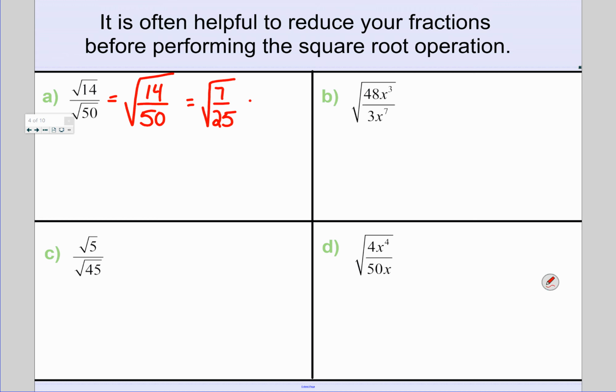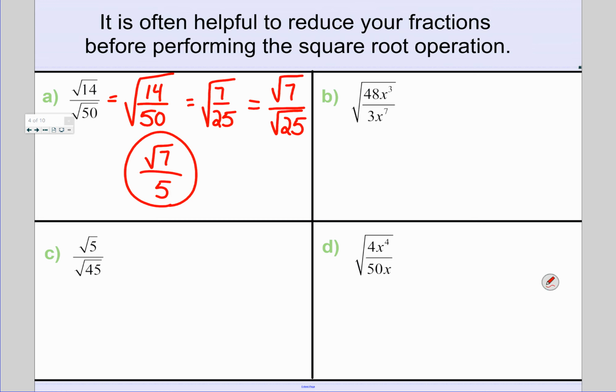So now I'll break it back up again into two different expressions, and I'll write my final simplified expression. My numerator stays the square root of 7 because that's simplified already, but my denominator is just 5. So that's a simplified form of letter A.